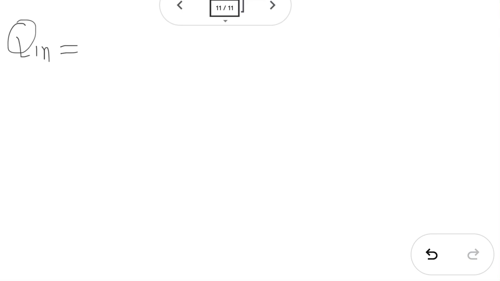So we have the heat during the process AB plus the heat during the process BC. These were the positive values of the heat of the system, and they add up to give the total heat input.